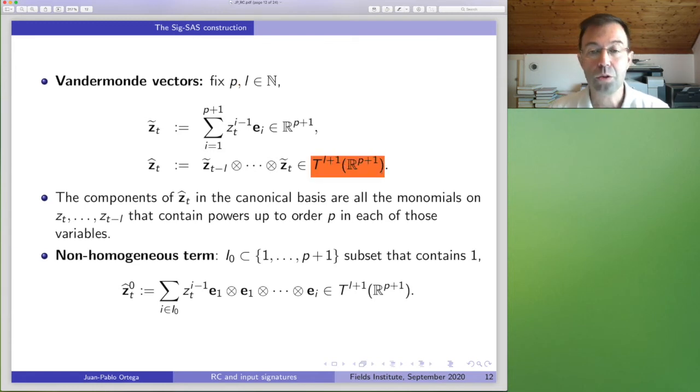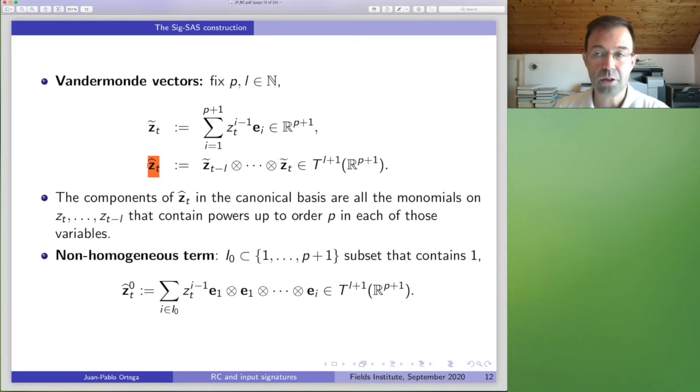A tensor whose components, if you look at the canonical basis, are all the monomials on C_{t-1} up to C_{t-L}, and that contain powers up to order P in each of those variables, right? So if you are thinking of a polynomial expansion of a filter using those monomials as a basis, this is the object that you would like to have, right?